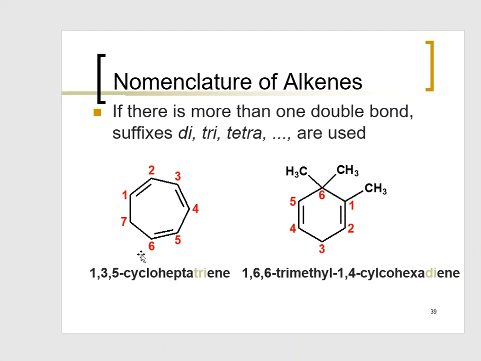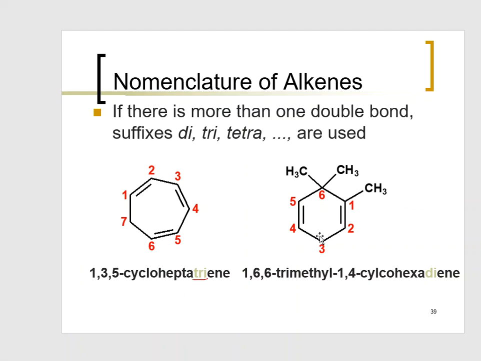It's 7 in total. All right, at spot 1, at spot 3, and then at spot 5, that is where you see the double bonds. So 1, 3, 5 is in the name for that reason. And there's 3 of them here, so that is why we see the word tri. So 1, 3, 5, cycloheptatriene is going to be the name of that structure.